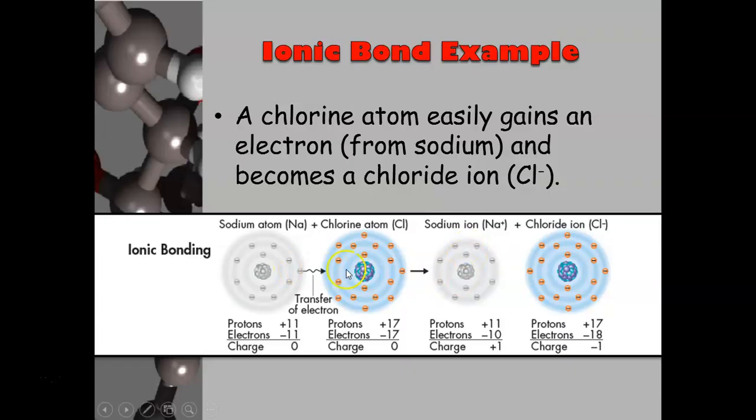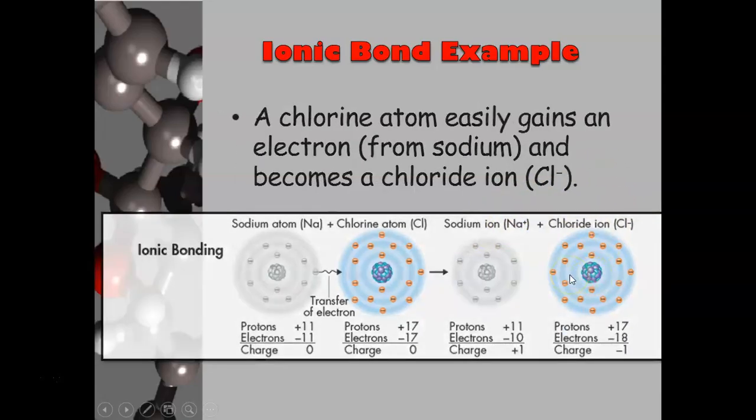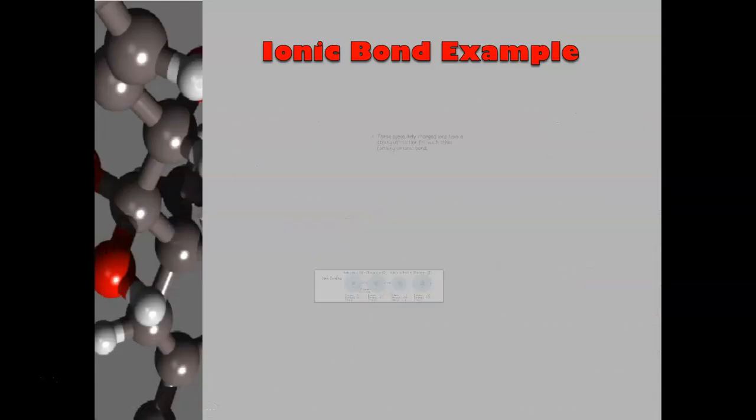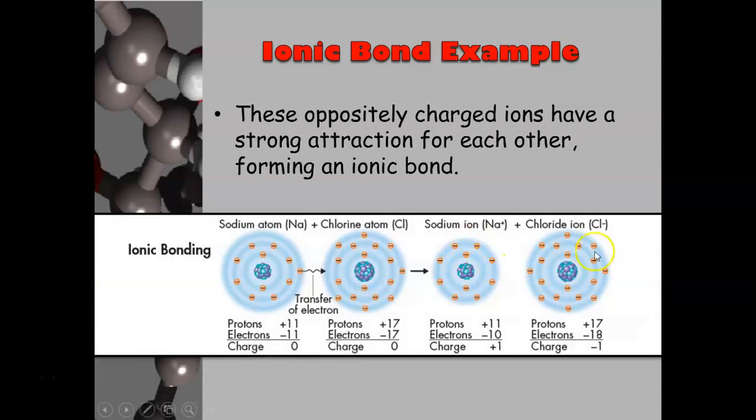So that sodium transfers that 1 electron to that chlorine atom. Well, now that chlorine has 8 in its valence shell. It's happy, it's stable. The sodium's happy, it's stable. And now that I've got that sodium plus that chlorine, those 2 opposite charges are going to hold these guys together into our sodium chloride, because those opposite charges attract each other.